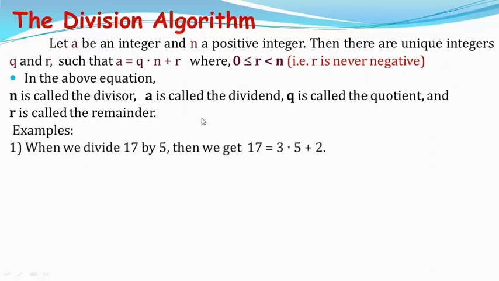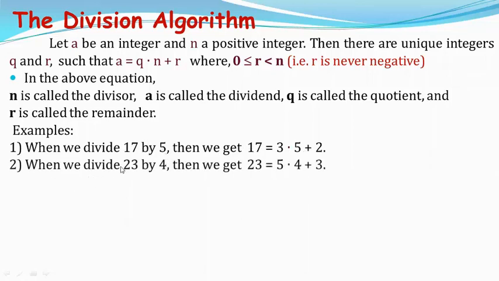Examples. When we divide 17 by 5, we get 17 is equal to 3 into 5 plus 2. So here 2 is the remainder when we divide 17 by 5. Again, when we divide 23 by 4, we get 23 is equal to 5 into 4 plus 3. So here 3 is the remainder. Now another example.